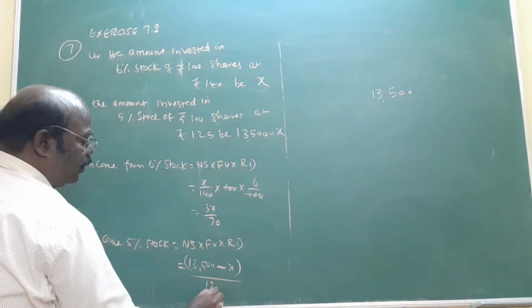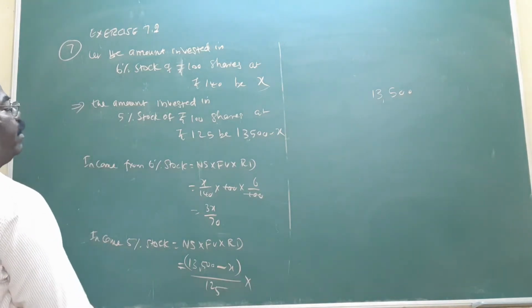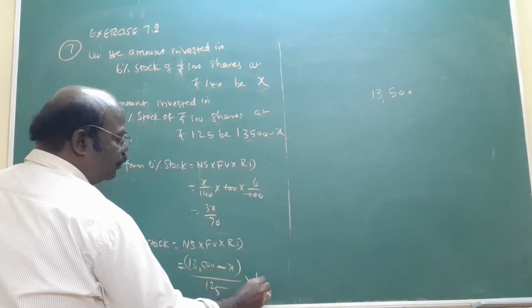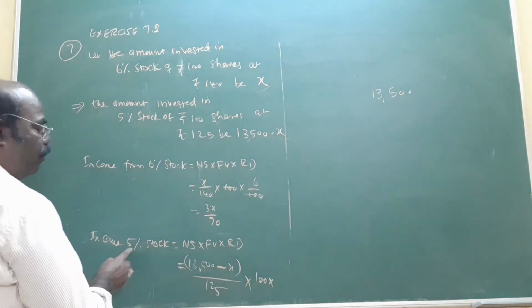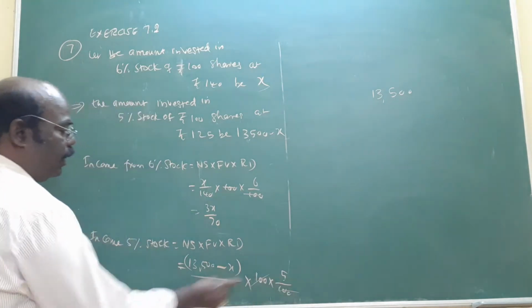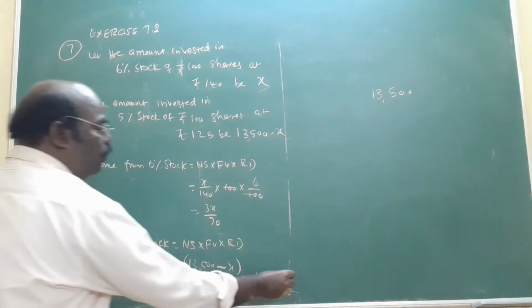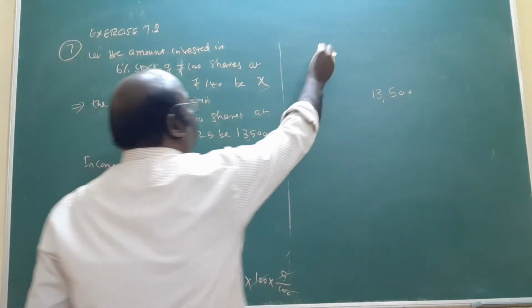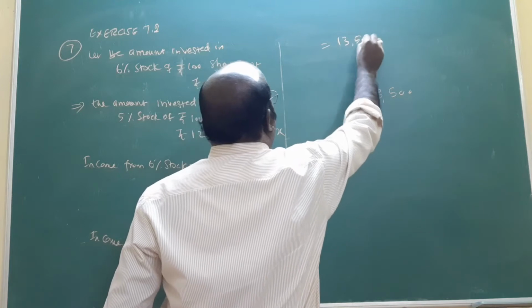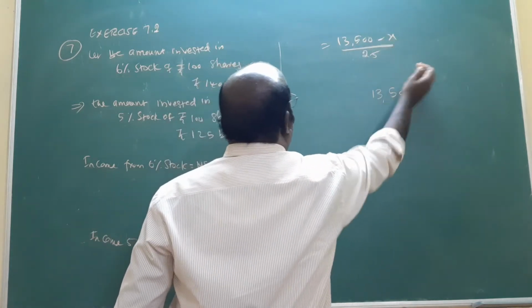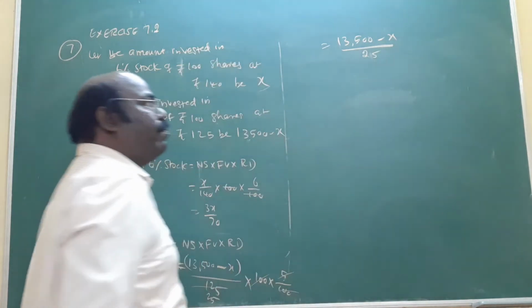Into face value, here 100, into rate of return 5%, 5 by 100. This will be cancelled. Again cancel, what is the answer? 30,500 minus X divided by 25. This is the income from the second company.